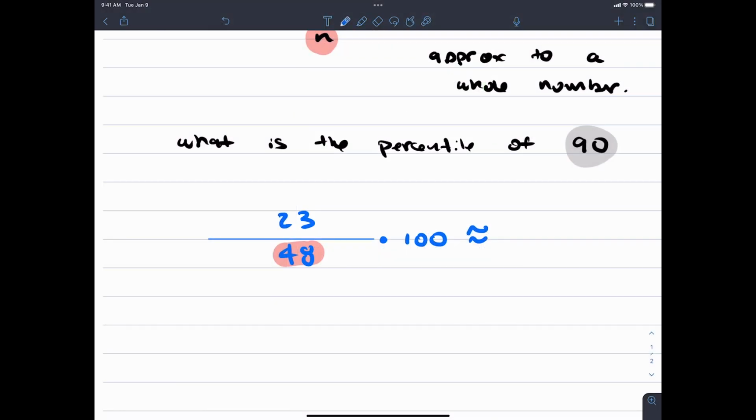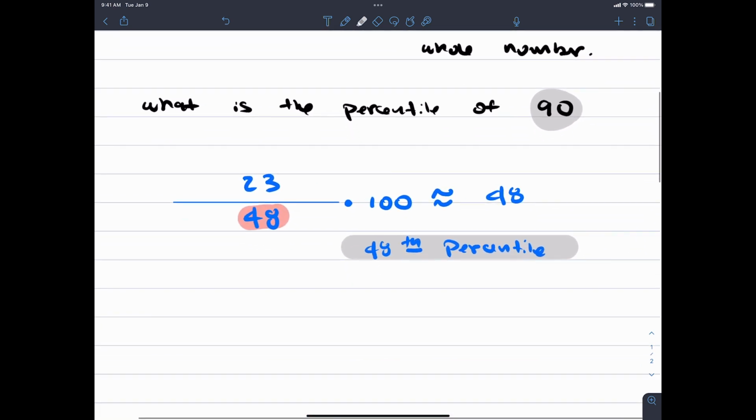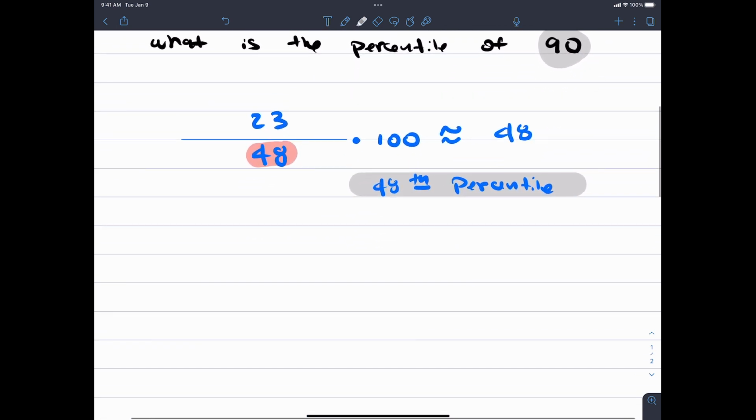Okay. So let's write down what this means. This means you get the 48th percentile. Okay? So you might say, what do we just find? What does that 48th percentile mean?